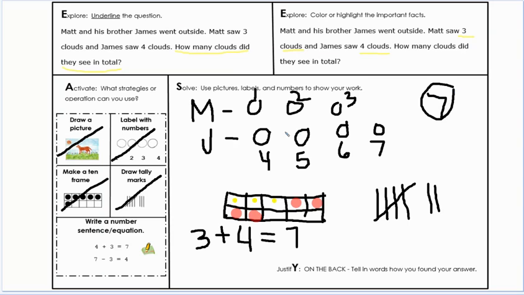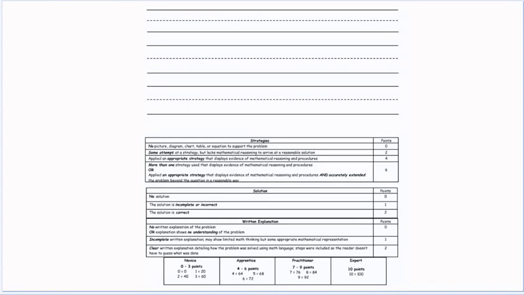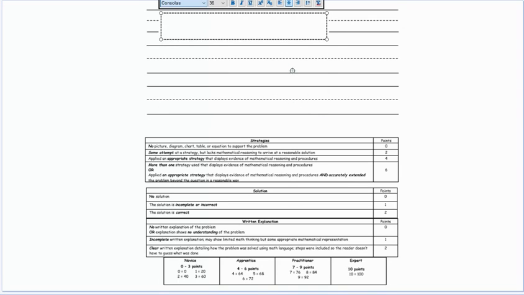All right. Now, good mathematicians always explain their thinking. Okay. So in the back, we could write what we did. All right. So what was the first thing that we did? Okay. So first, I drew, how many clouds?